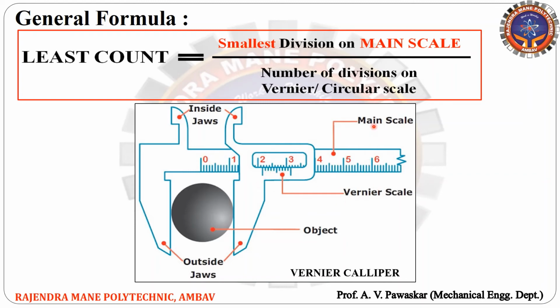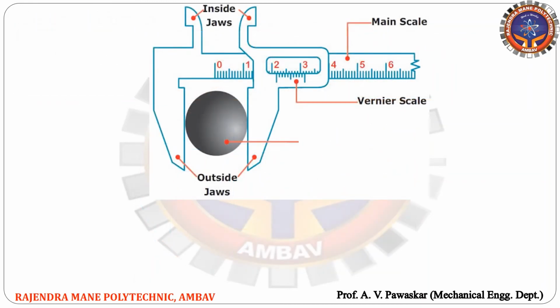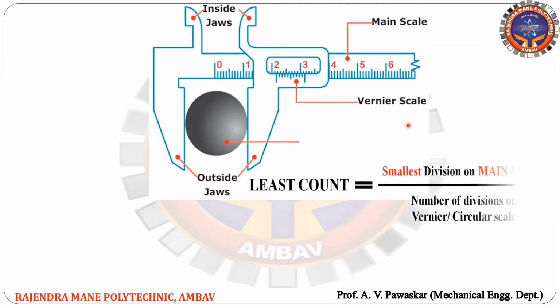Have you got the general formula for least count, and what the main scale and Vernier scale are? So let's apply that formula for the Vernier caliper. Least count is the ratio of the smallest division on main scale to the number of divisions on Vernier scale.